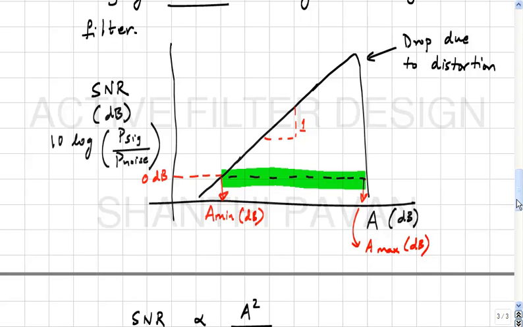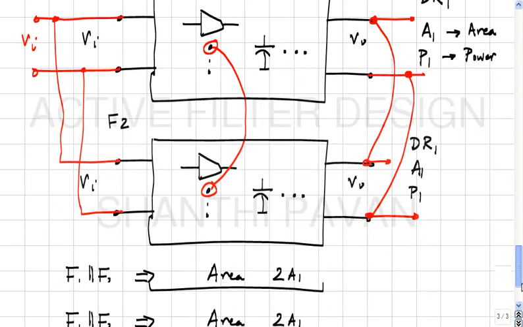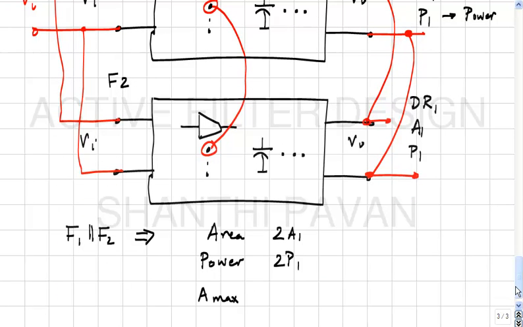So clearly F1 and F2 have the same A max. If I now put F1 in parallel with F2, where the meaning of parallel is in this sense, then what comment can you make about A max of the composite filter? Somebody says it will be double. Same. Why is it the same?